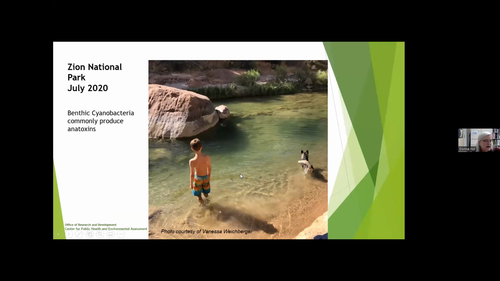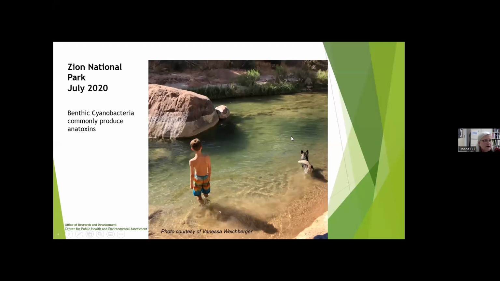In Zion National Park in the summer of 2020, they had low rainfall. The Virgin River had low and slow flow. And you can see where the boy is standing, the water looks great, it's nice and clear, but the dog has noticed something over to the side, and those are benthic mats that have bubbled up to the surface as the oxygen is formed, and it tears the mats loose, and they tend to gather along the banks.